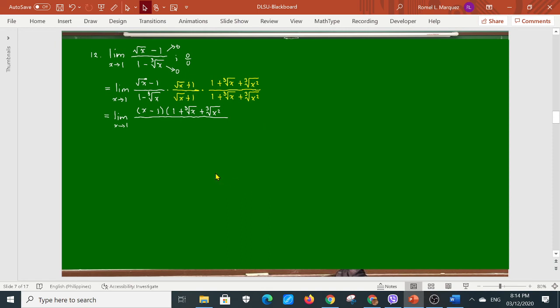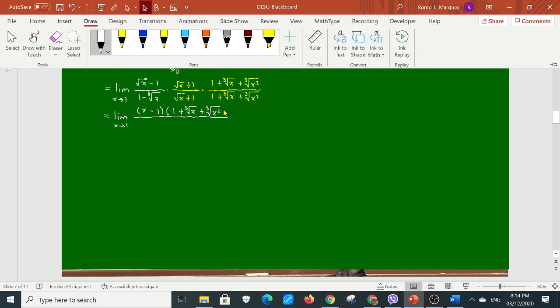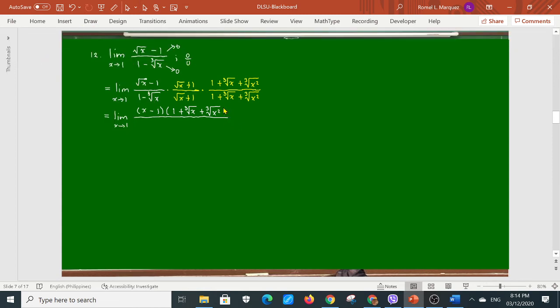Then the denominator, we multiply 1 minus cube root of x times 1 plus cube root of x plus cube root of x squared. A minus b, a squared plus ab plus b squared.